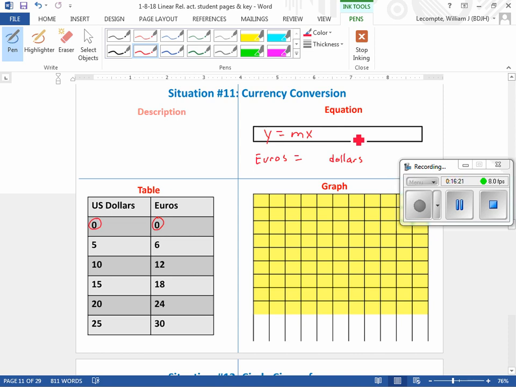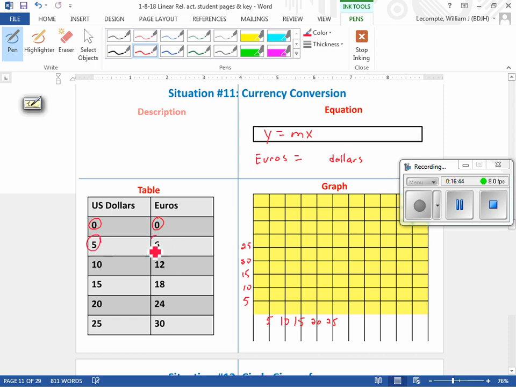Right, and so if you just graph these, we'll put some numbers down here. So we'll put 5, 10, 15, 20, 25, and then we'll go up 5, 10, 15, 20, 25, and we'll graph 5 and 6, which is 5 for x and 6 for y.